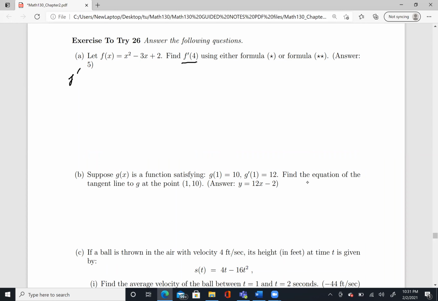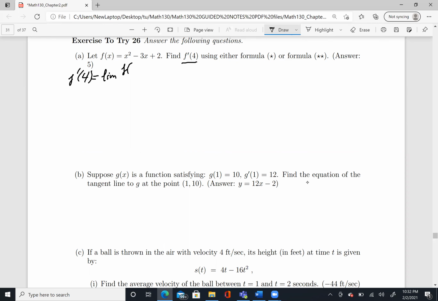If you're using the first one, it's going to be the limit of f of h plus a, where a is 4, right?